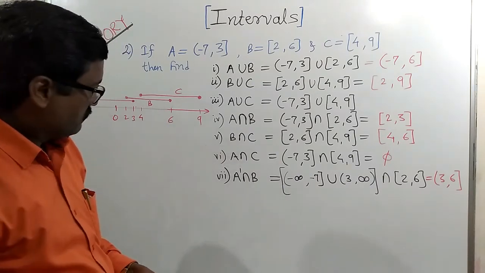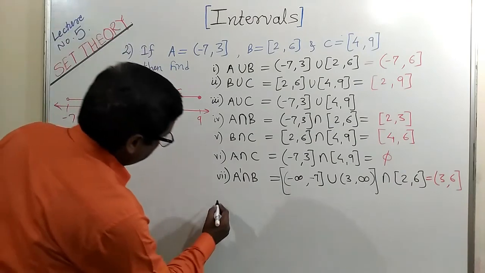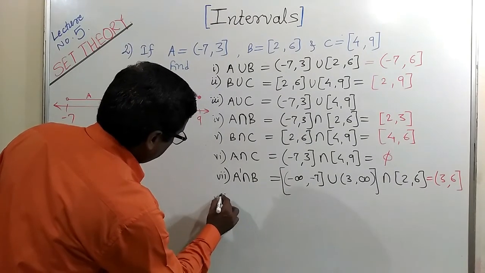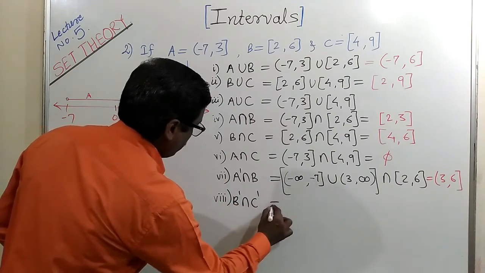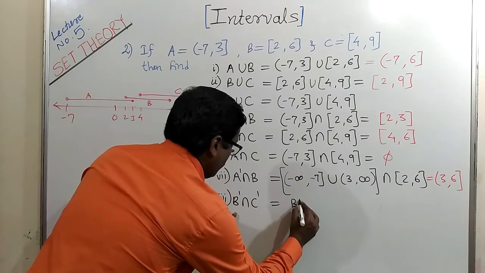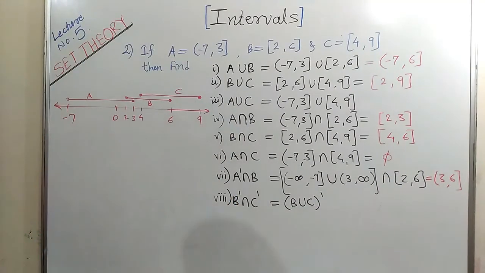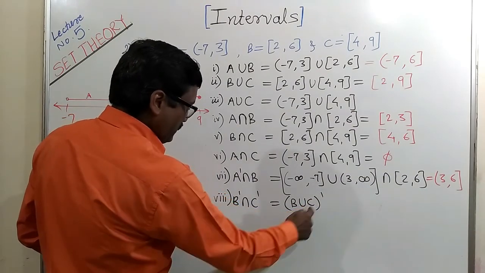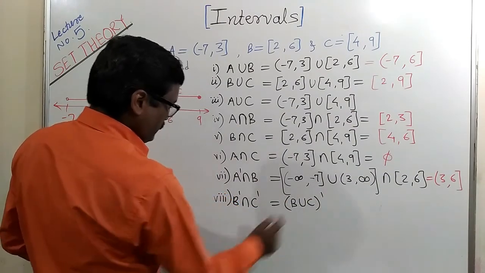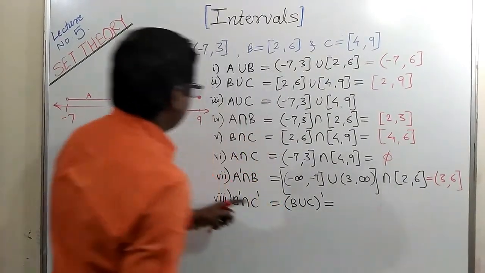Example number 8. That is B complement intersection C complement. This is nothing but the complement of B union C, because the complement of B union C is nothing but the intersection of the complements of these two sets. Okay. So B union C we have found here.